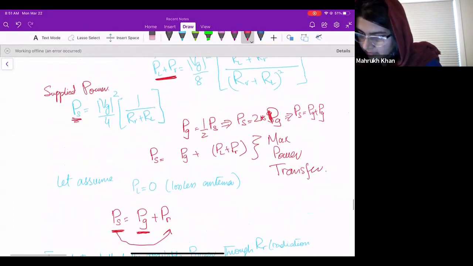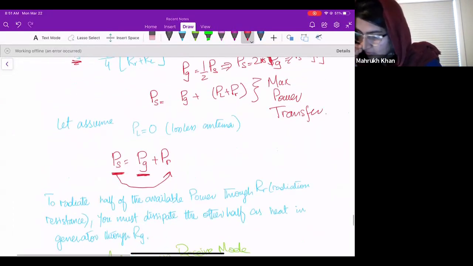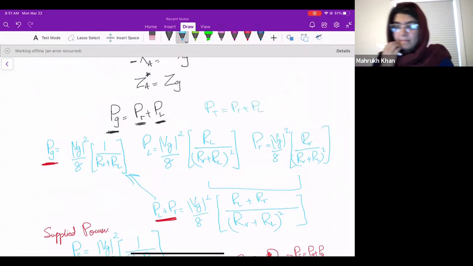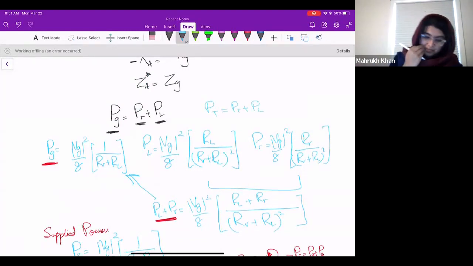What I'm trying to say is, do you think that your PT should be equal to PR plus PL in the case of receive mode? And if it is, how are you going to justify that?